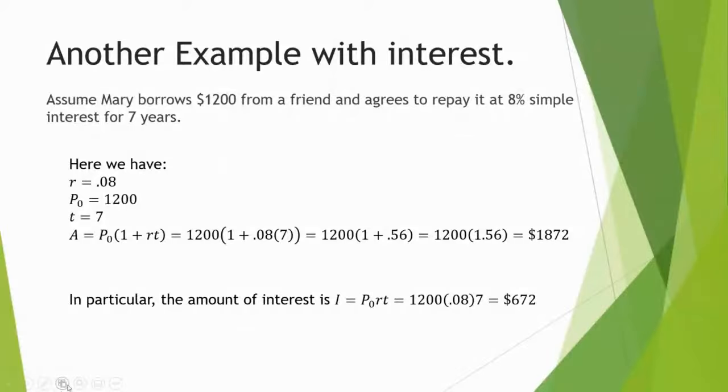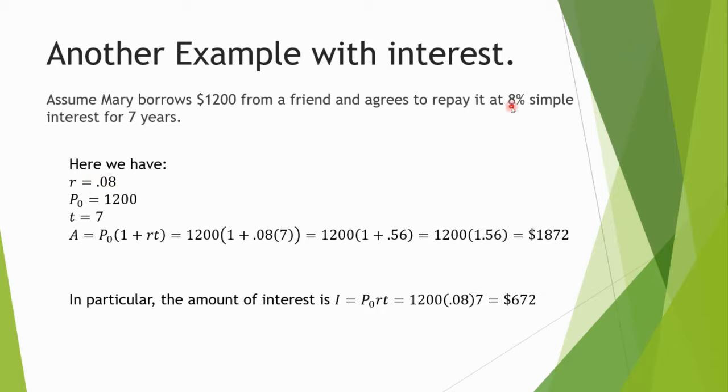But here, let's just say that someone named Mary borrows $1,200 from a friend. And she says that she's going to pay it back at 8% simple interest for 7 years. Well, we can find out how much interest she owes. Basically here, what do we have?